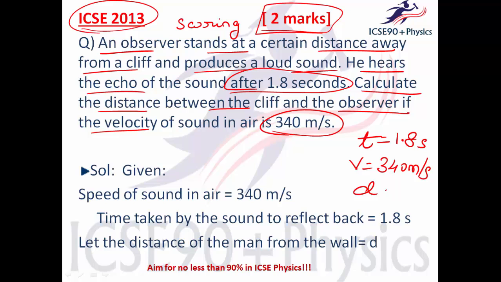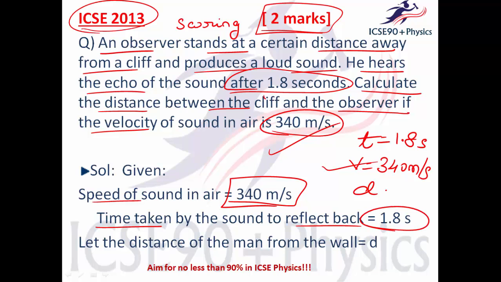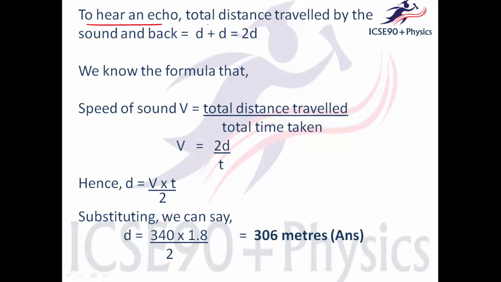Here again we need to calculate the distance d. Now let us club the given data. The speed of the sound is given to be 340 meters per second. Time taken by the sound to get reflected back is 1.8 seconds, and let the distance of the man from the wall be represented by small d. We know that to hear an echo, the total distance traveled by the sound and reflecting back would be d plus d, which is 2d, and hence substituting in the formula, speed of sound is equal to total distance traveled upon total time taken.